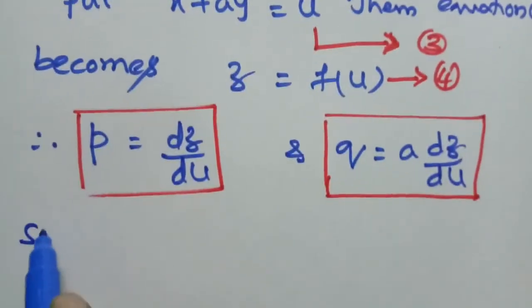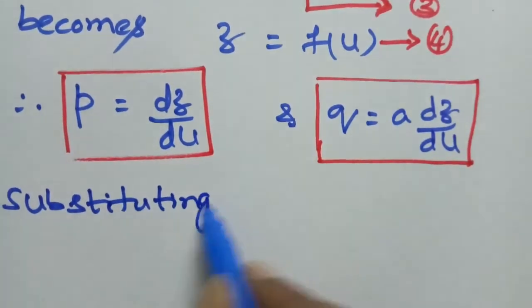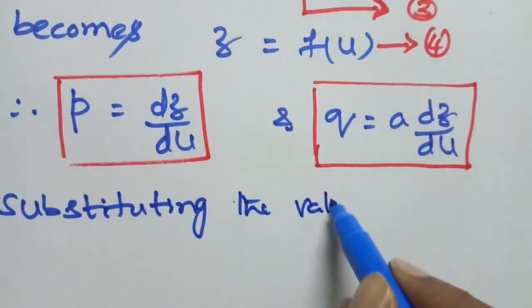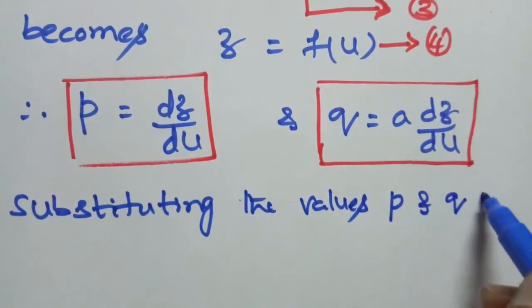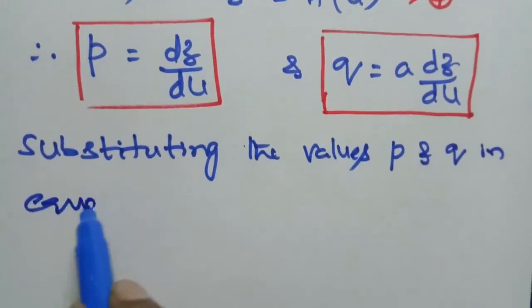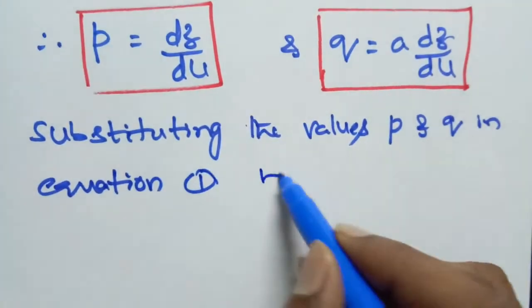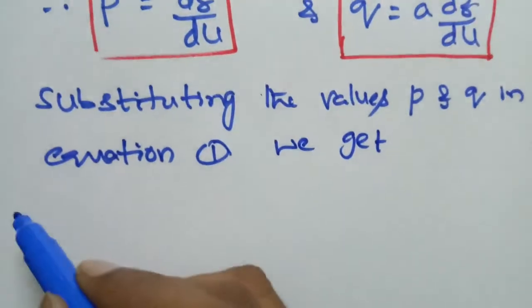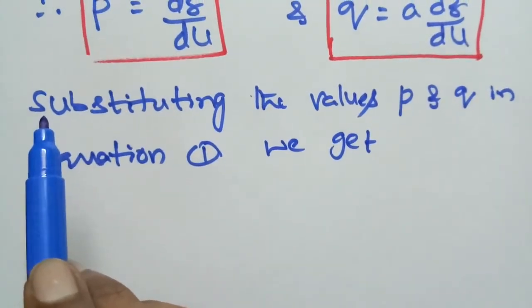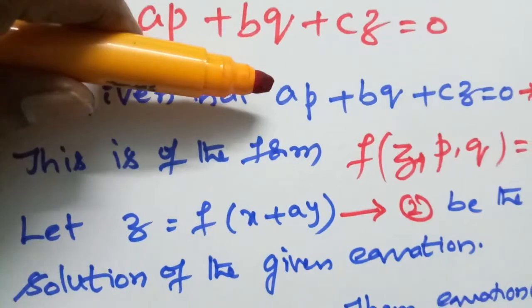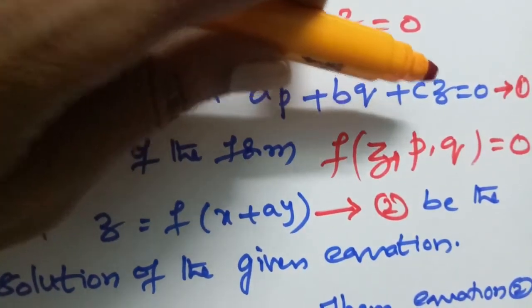Substituting the values of p and q in equation 1, that is in the given equation, we get the given equation Ap plus Bq plus Cz is equal to 0.